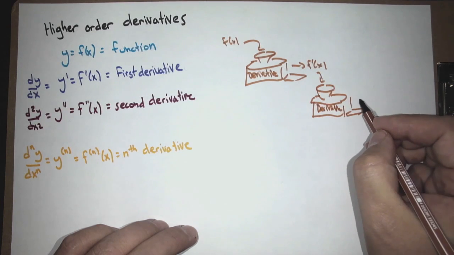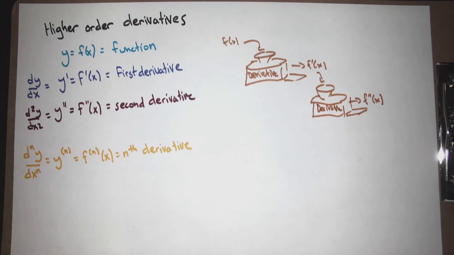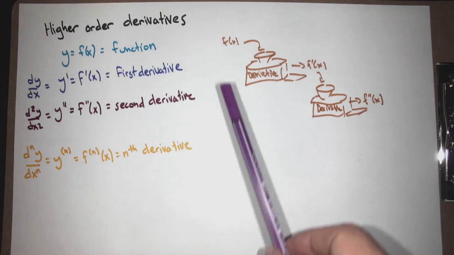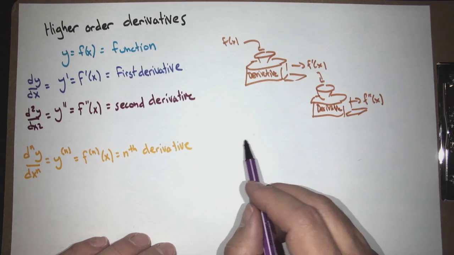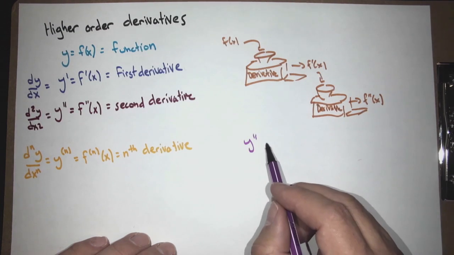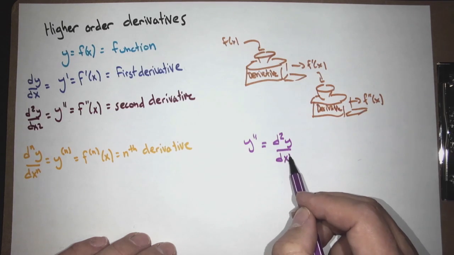So if I plug in f prime of x, the second derivative is denoted f double prime of x. You're applying the derivative rules multiple times. That's what we mean by higher order derivatives. You keep taking derivatives, feeding it into the machine. Notationally, y double prime is d squared y dx squared.